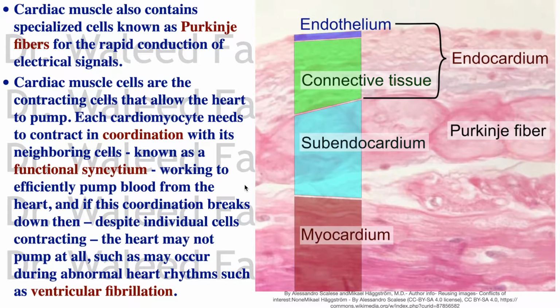In this case, where the cardiomyocytes contract individually without harmony, without synchronization, this is called ventricular fibrillation, which is a fatal condition. And in this drawing, you can see a bunch of Purkinje fibers among the myocardium of the heart.